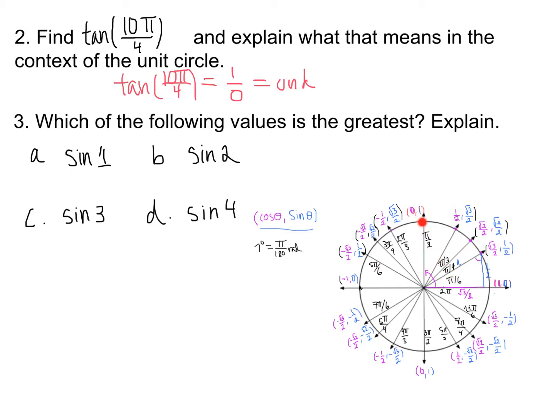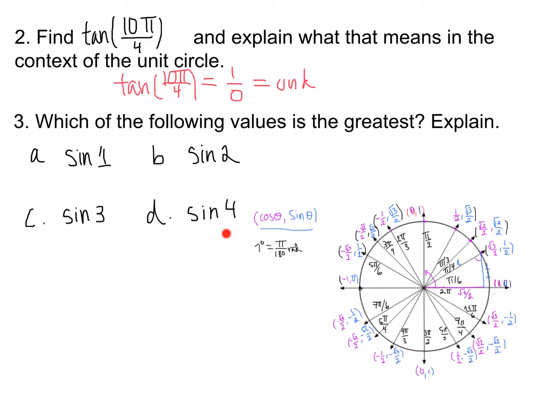And the terminal ray here is a line that goes straight upwards. Well, you can't define the slope of something that's going straight upward, right? Because it's never traveling in the x direction, it's only going straight up. So this means that the slope of the ray for pi over 2, the terminal ray for 10 pi over 4, has an undefined slope.